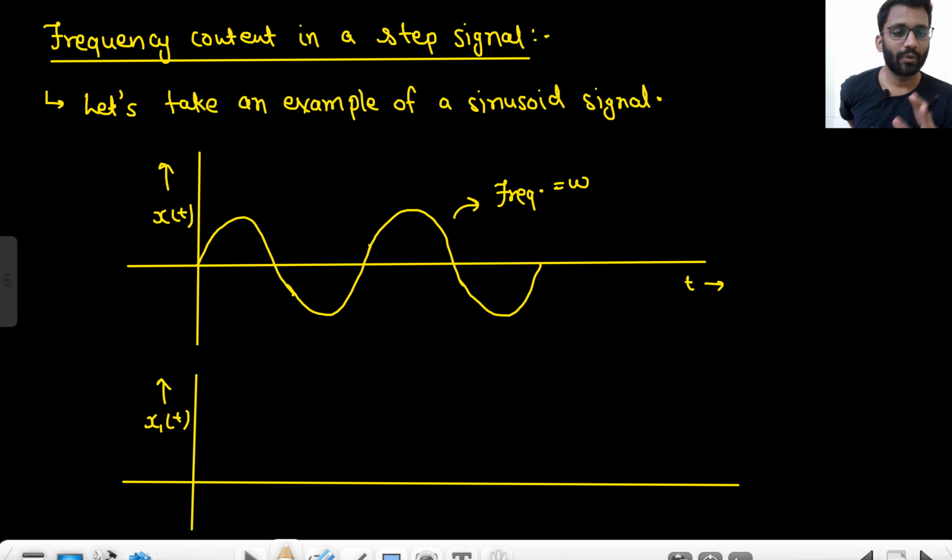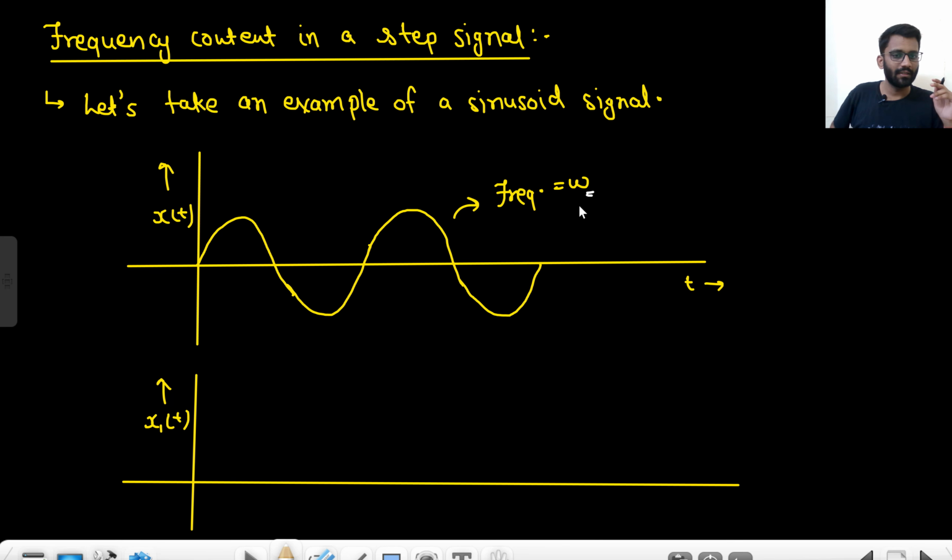Now this is a very important concept that is not taught anywhere. That's why I will put great concentration here. So what is the frequency content in a step signal? Let's take an example of a sinusoid signal. This is my sinusoid signal. Let's assume it has a frequency of omega.